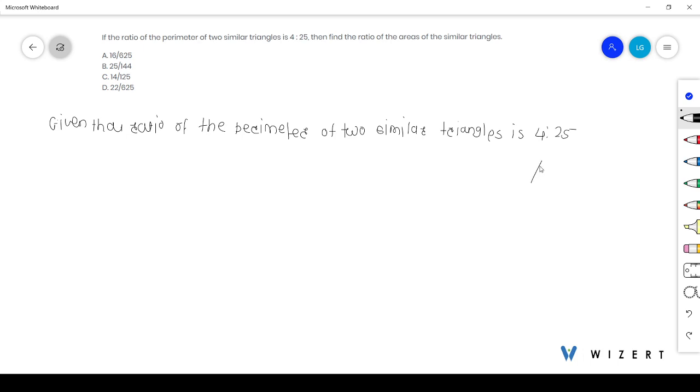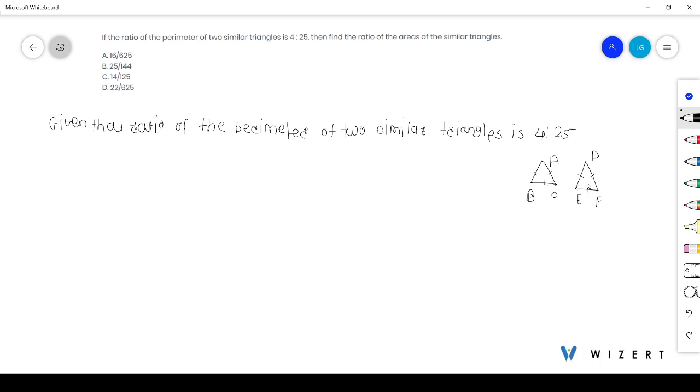Let ABC and DEF be two similar triangles.